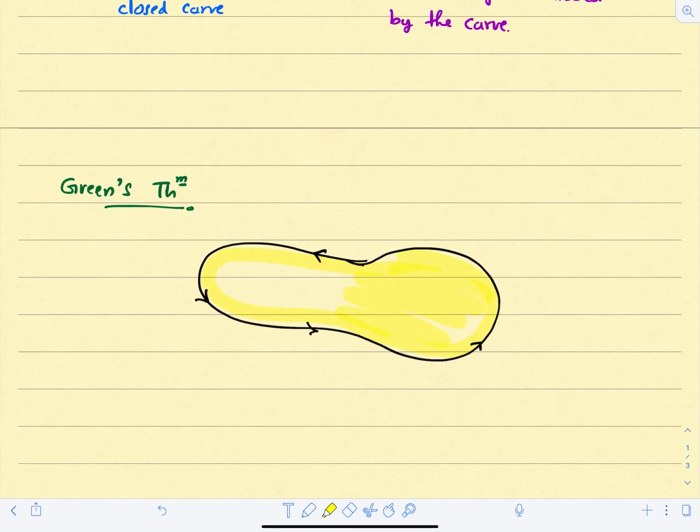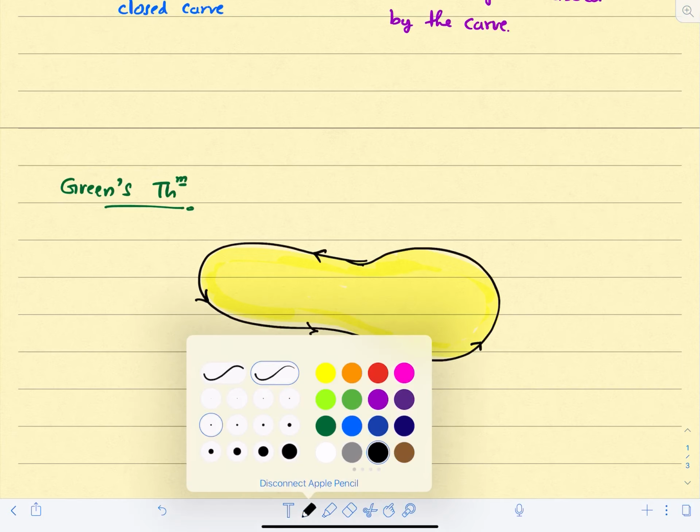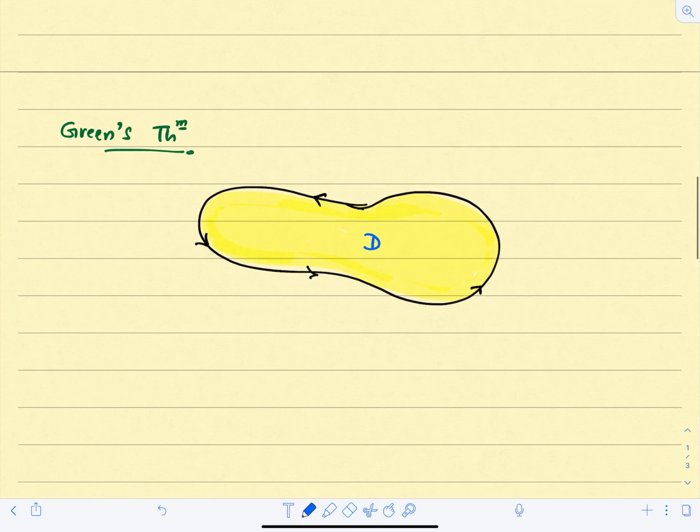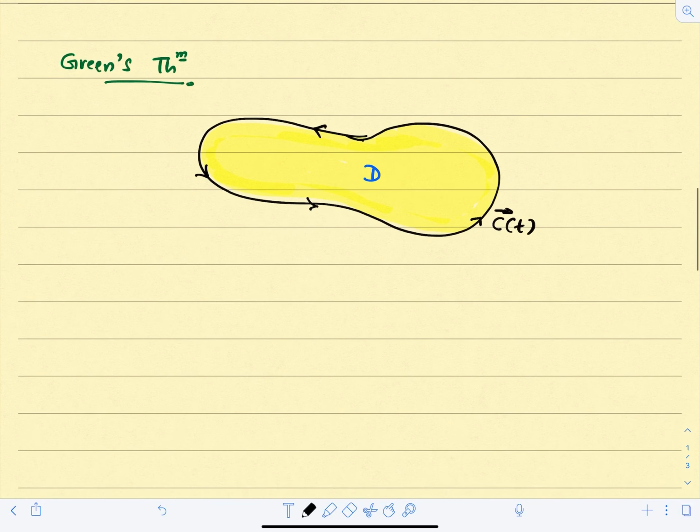That's your region D, and this is your curve C of t. So let's state the theorem.